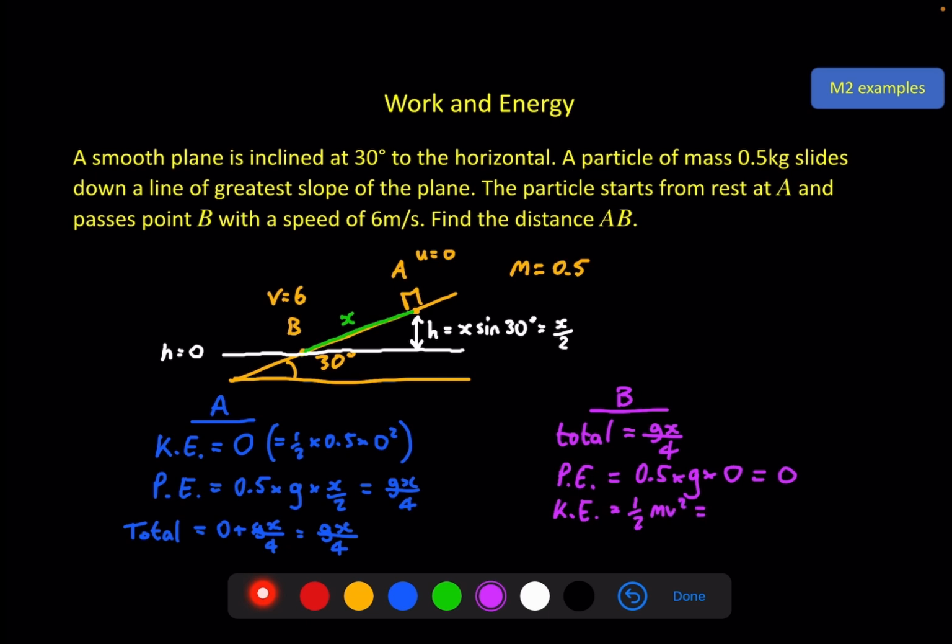We know v is 6, we know mass is a half, so that's a half times 6 squared, which is equal to 9. So the total energy in the system we know is gx over 4, but we also now know that the total energy in the system is 9 joules.